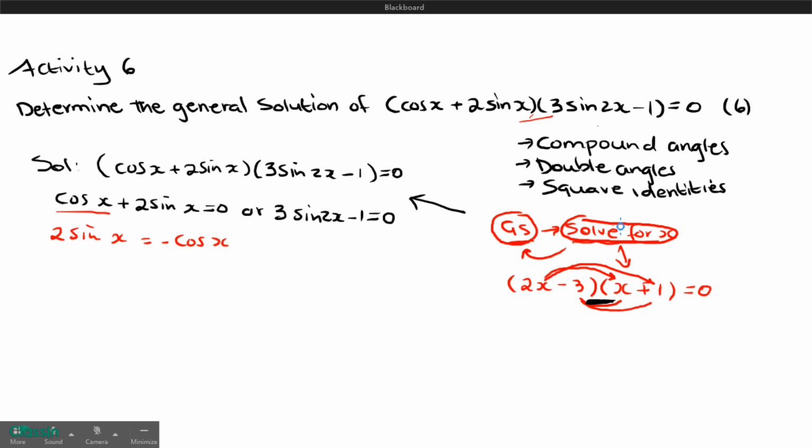And again, on this side you'll have 3 sin 2x equals 1. Now, when you divide both sides by 3, you are left with sin 2x equals 1/3.